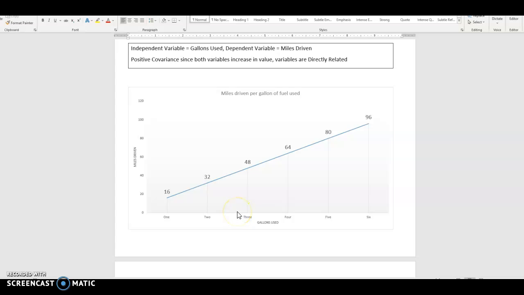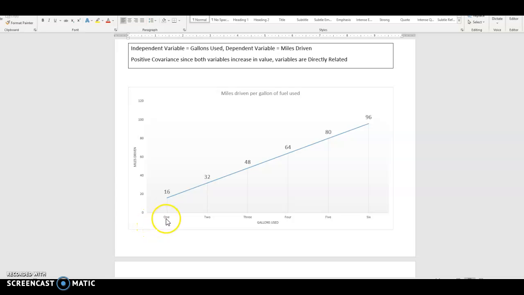In this example in your handout packet, we have 1, 2, 3, 4, 5, 6. These are the gallons used. We're going to determine the miles driven per gallon of fuel used in a vehicle. So here I have the gallons used. Here I have the miles driven. It goes from 0 to 20 to 40 to 60 and multiples of 20 on up.